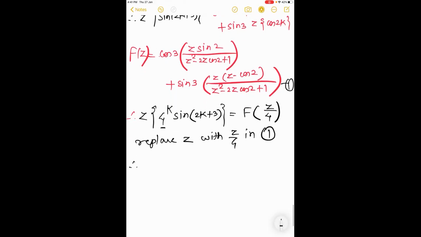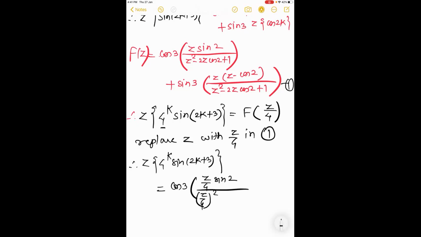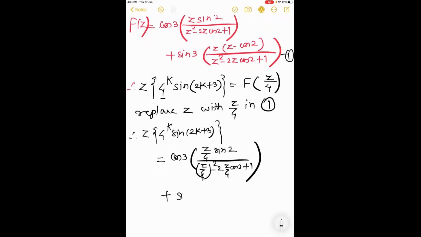Okay, and therefore z transform of 4 raised to k sine of 2k plus 3 is nothing but cos 3 into z by 4 sine 2 upon z by 4 square minus 2z by 4 cos 2 plus 1, first bracket, plus sine 3 into z by 4 multiplied by z by 4 minus cos 2 upon z by 4 square minus 2 into z by 4 cos 2 plus 1.